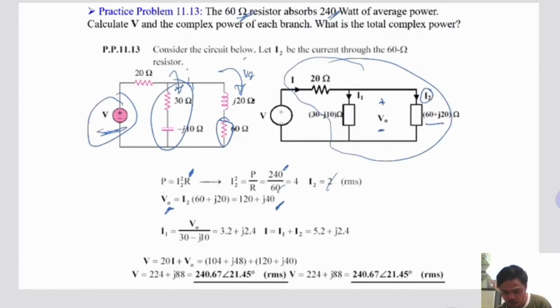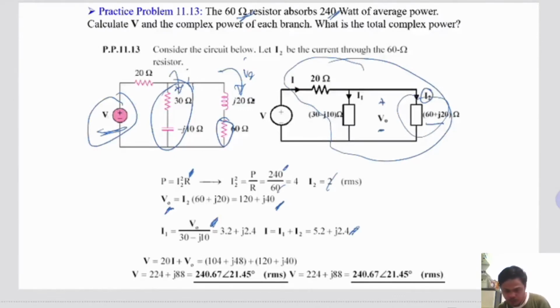Therefore we can also determine the value of I1, since the voltage is the same as, or in parallel with, this branch. I1 is VO divided by the entire impedance of this branch. So we now have the value for I1.